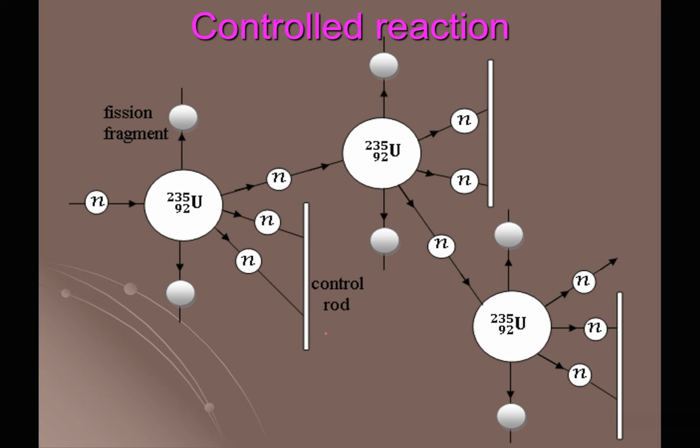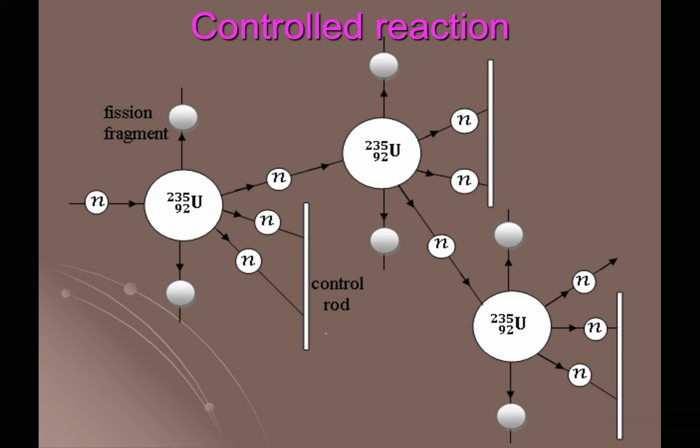So we can control the number of neutrons emitted in this reaction. And if we can control the number of neutrons emitted in the reaction, then the reaction does not really accelerate, and therefore a specific amount of energy required for different purposes can be obtained, or the output energy can be, maybe I will use the word, constant.